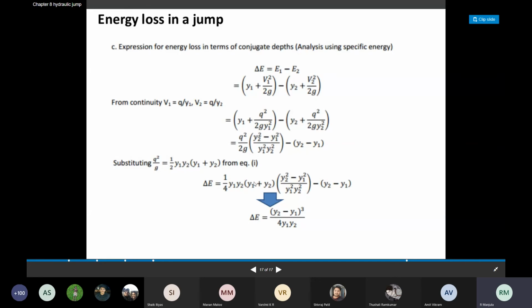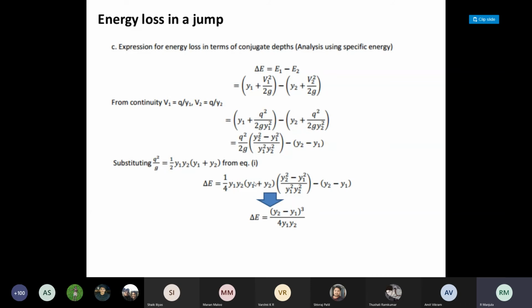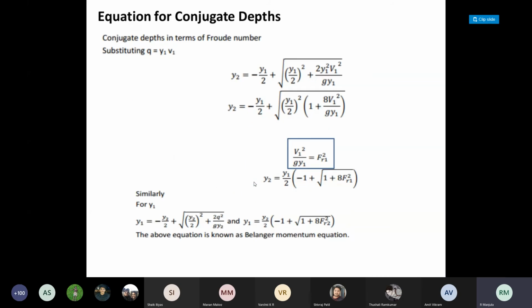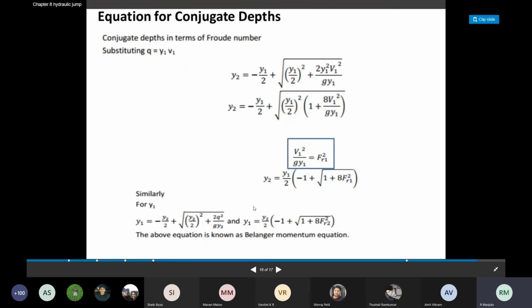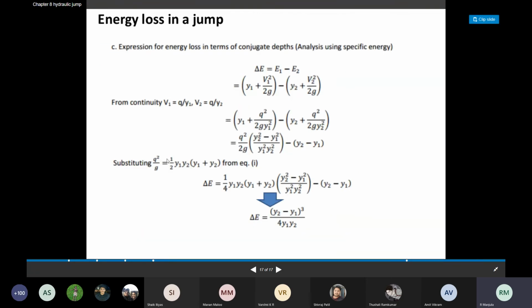Now from the previous equation you had Q square by g is equal to 1 by 2 into y1 y2 into y1 plus y2. This is from the conjugate depth. Now I am substituting for this: Q square by 2g is equal to 1 by 4 y1 y2 into y1 plus y2.